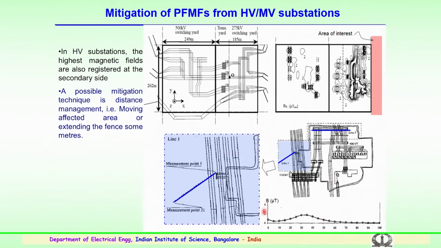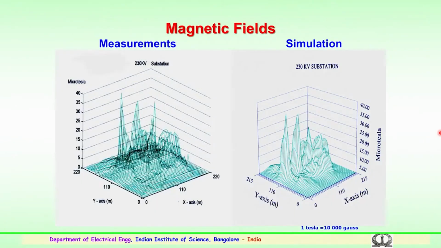You can see the magnetic field gets reduced as the distance goes up. This is very important to be followed for higher voltage substations, both for magnetic and electric fields.